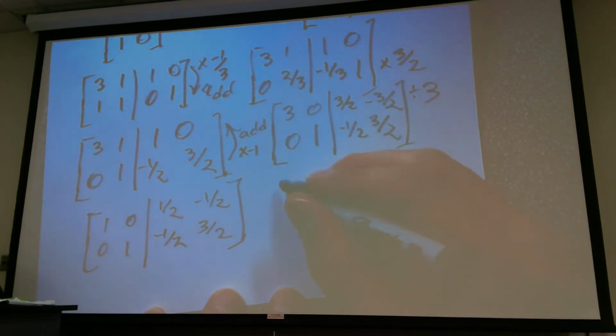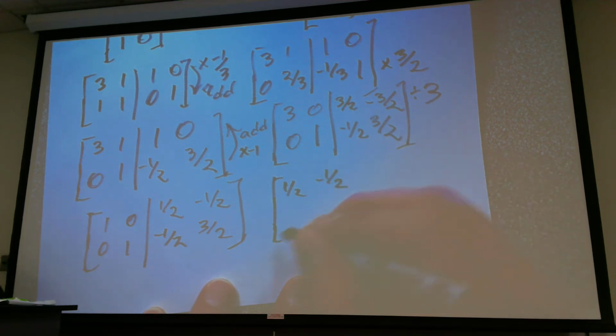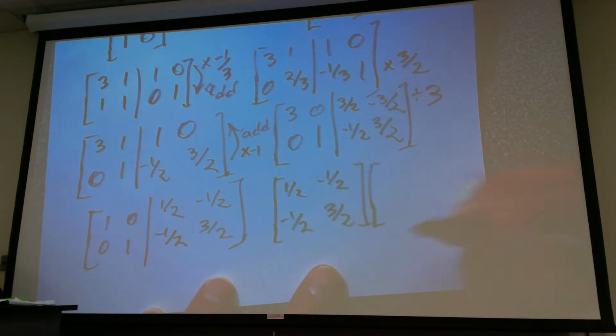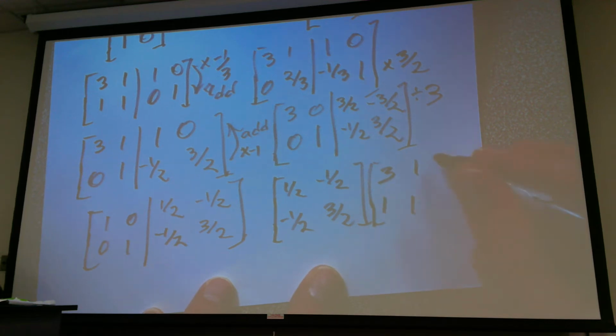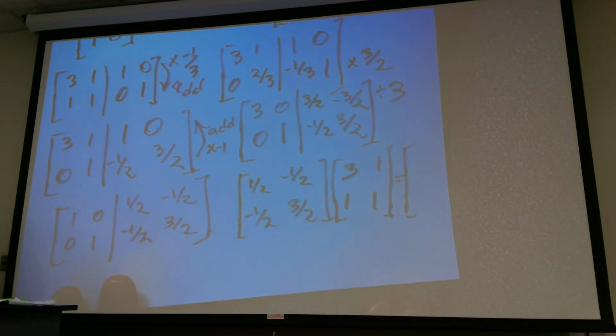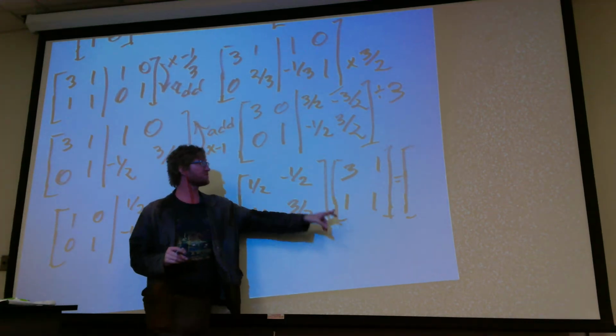So, what would happen if I multiplied 1/2, negative 1/2, negative 1/2, and 3/2 by 3, 1, 1, 1. I'm really going to run out of room. All right, so 3 over 2 minus 1 over 2.